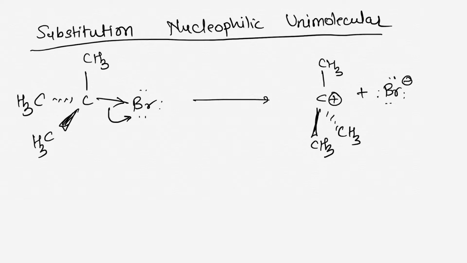Okay. Now, this is a very slow step. It is not going to happen readily, but under certain reaction conditions, the ionization of the carbon leaving group bond, or the carbon bromine bond here, can happen, and what you create is a carbocation.